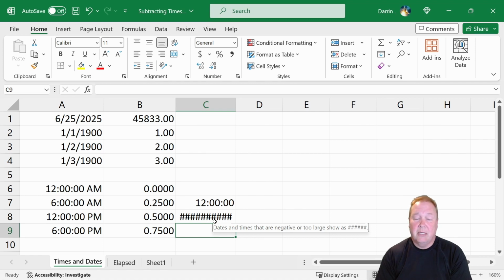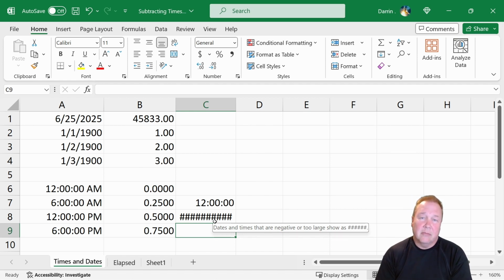And the problem is, in fact, you see the comment there, dates and times that are negative are too large. It's a negative date. There was no time, as far as Excel knows, before midnight local time, January 1st, 1900. So when you're doing elapsed times, this sort of thing comes up.